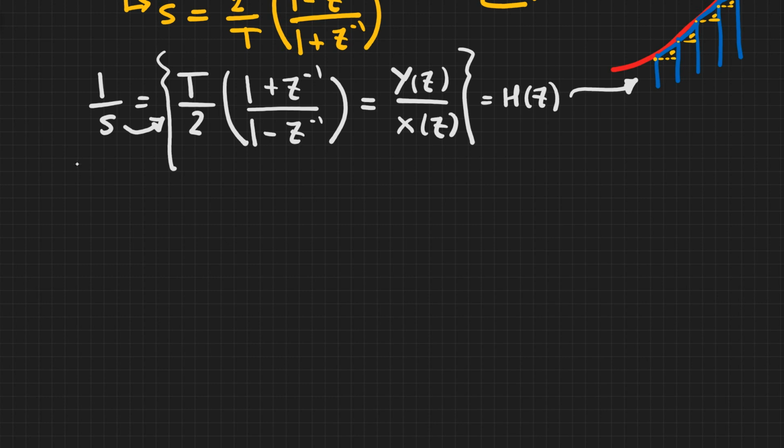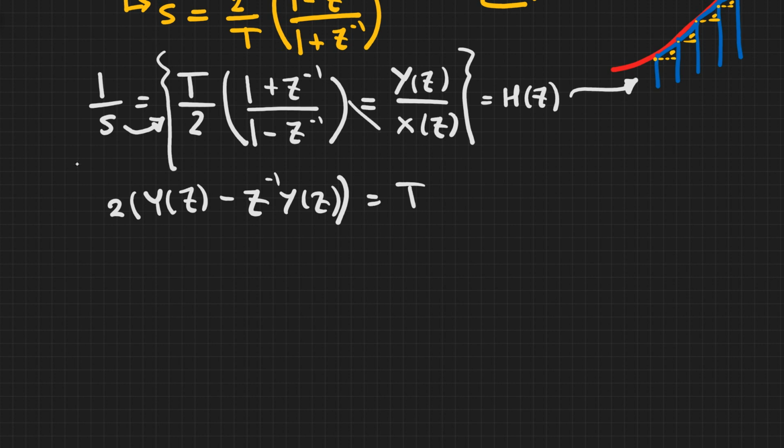So how can we prove this? We can easily just multiply both sides. When you do this, you'll get the following equation: 2 multiplied by Y of z minus Z inverse times Y of z will be equal to T, this other term, multiplied by X of z plus Z inverse times X of z.